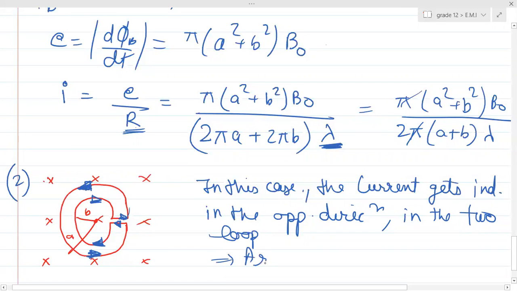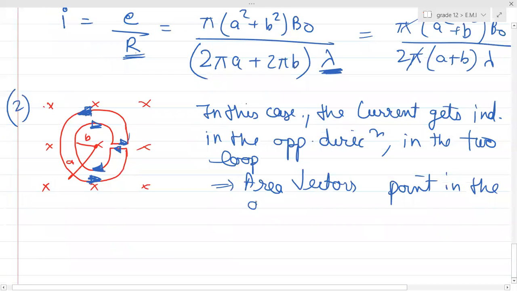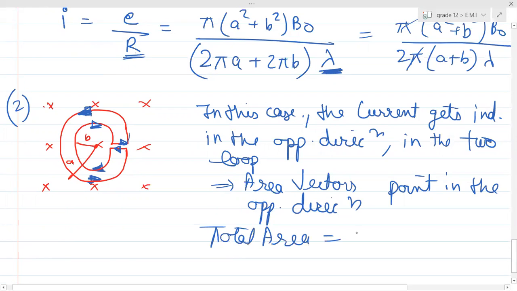That implies that the area vectors point in the opposite direction. If the area vectors are pointing in the opposite direction, when I calculate the total area, the total effective area is basically pi a square, the bigger area, minus pi b square.